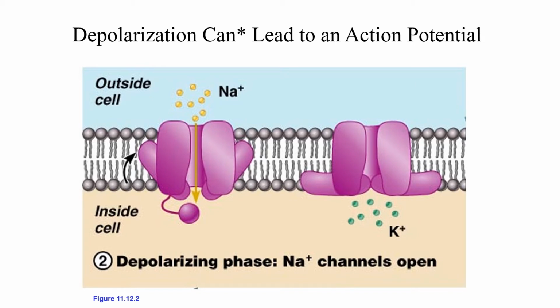It is only when you reach a critical value, negative 55 millivolts, that you've reached something that we call threshold. So that's why I say here that depolarization can lead to an action potential. It can if you reach that threshold value of negative 55. If you only depolarize to say negative 65 or negative 60, you have not reached threshold, so action potential is not a guarantee.